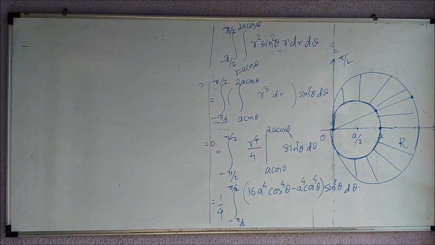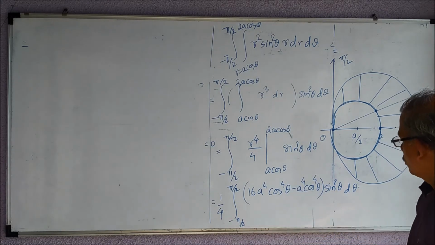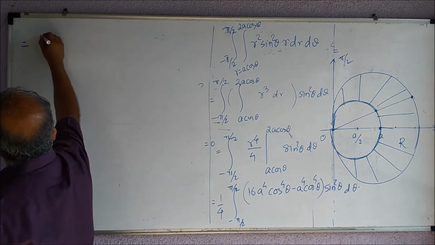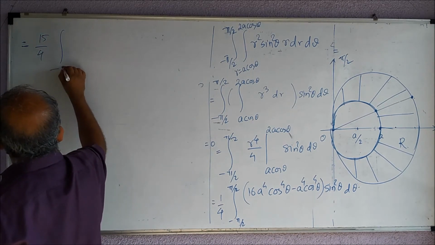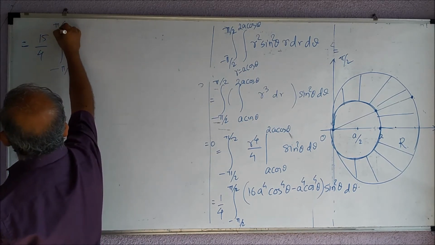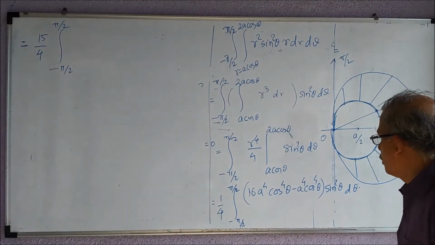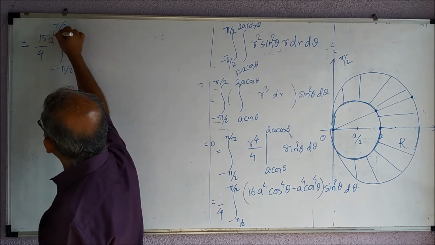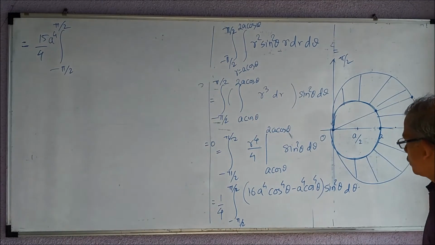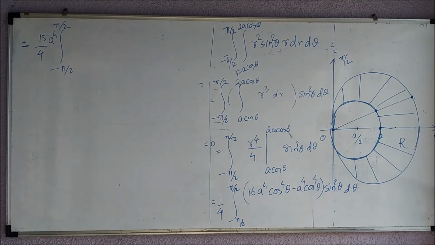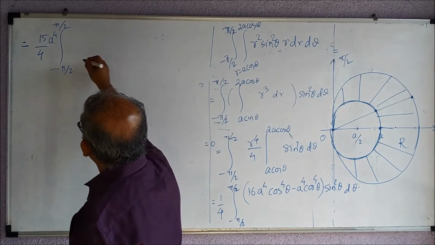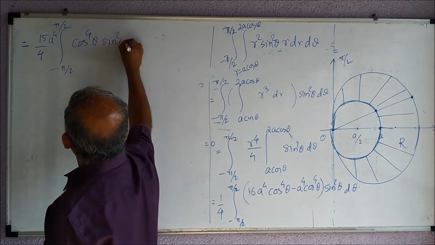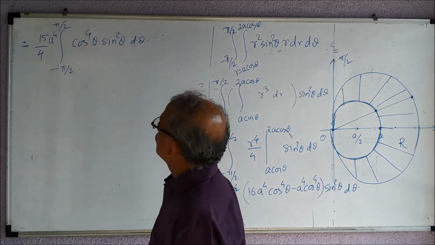So this is 15 a raised to 4, so I can take that 15 also outside. This is 15 by 4, minus pi by 2 to plus pi by 2. A raised to 4 also we can take outside, it's a constant, and we are left with cos raised to 4 theta sine square theta d theta.